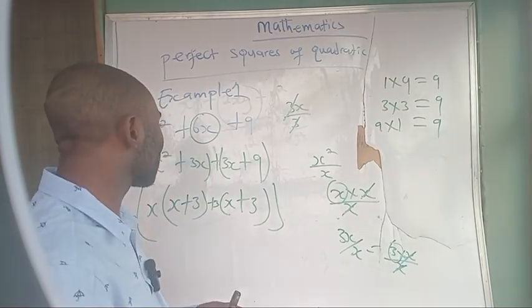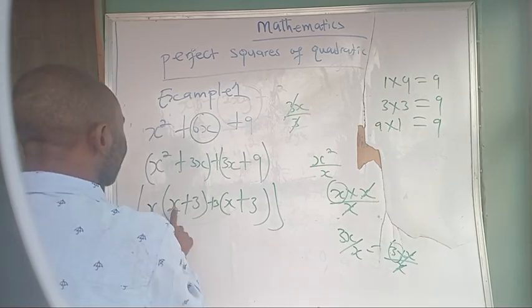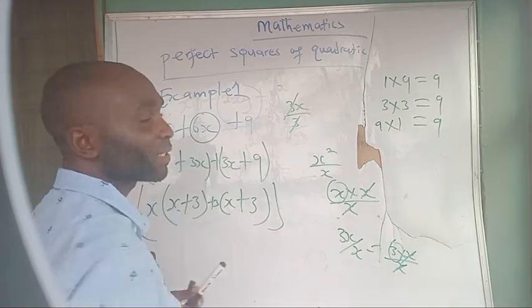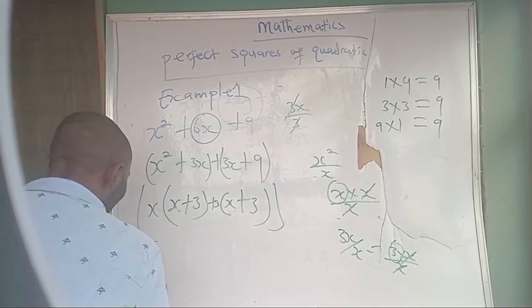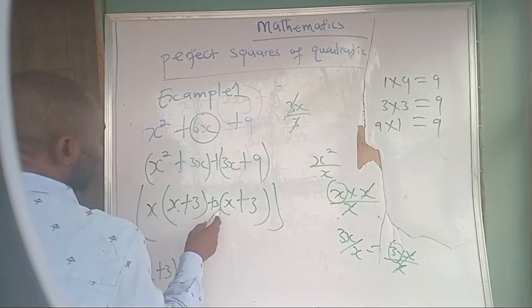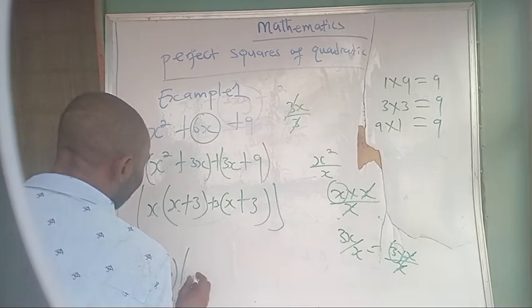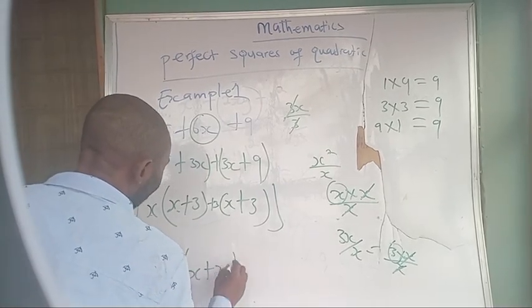So since they are equal now, we can factor them out. Since this bracket and this bracket are the same, we factor by saying x plus 3. What remains is x and plus 3, and that forms the second bracket, that is x plus 3.